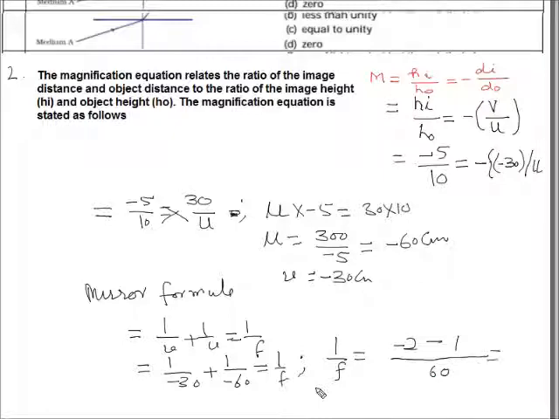So this value comes out to be minus 3 by 60. So again cross multiply this. So minus 3f is equal to 60. So f is equal to 60 divided by minus 3, which is equal to minus 20.